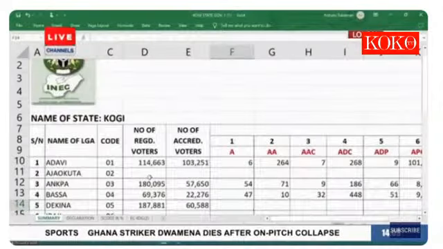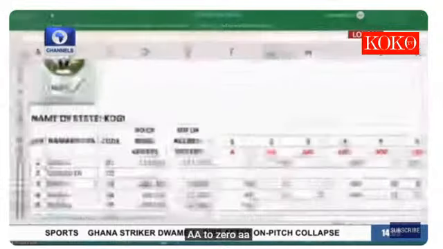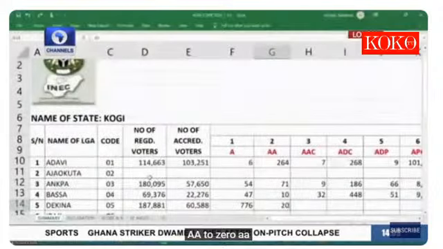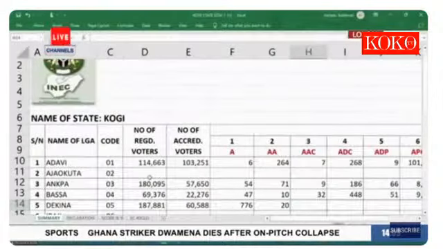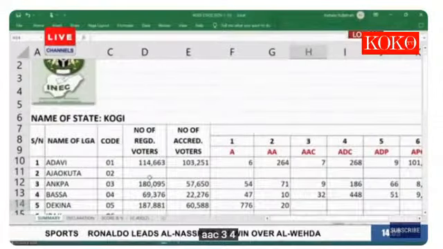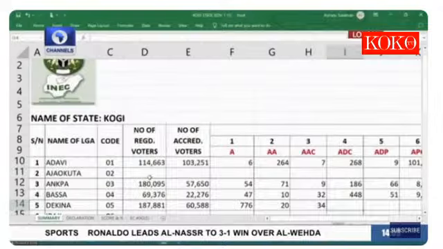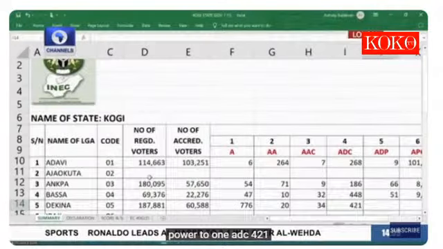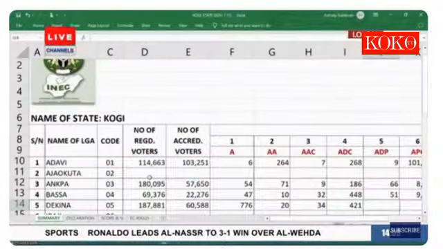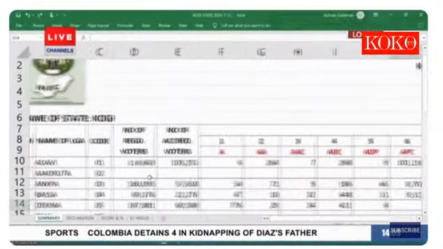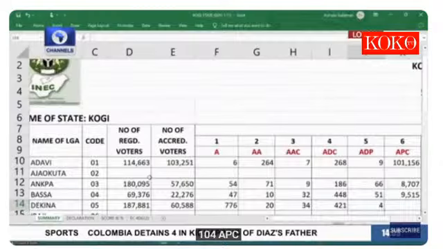A, 776. AA, 20. AAC, 34. ADC, 421. ADP, 104.